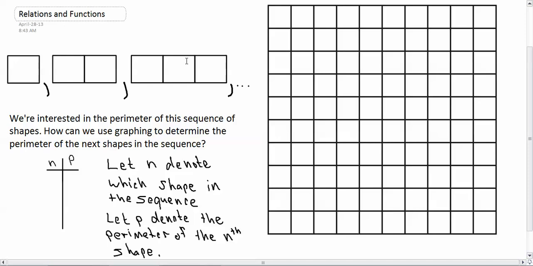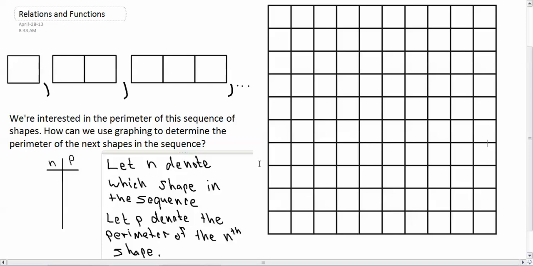So we're going to start out here. With x and y, we might sometimes use different letters for inputs and outputs. So I'm going to let n denote which shape in the sequence we're talking about, for instance the first, the second, the third shape. So n you can think of as which number we're talking about, and we're going to let P denote the perimeter of the nth shape.